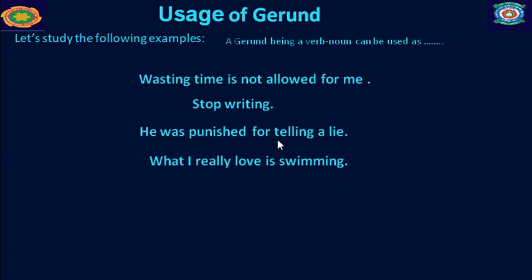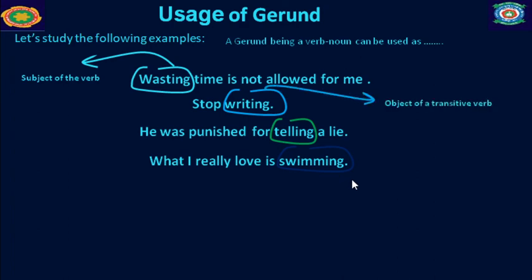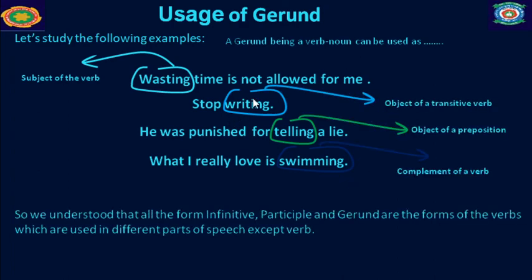"You are punished for telling a lie." I have already said that if you see any verb after a preposition, you have to use ing directly. That's called a gerund. "What I really love is swimming." Here, swimming is the object and acts as a noun and verb. It's very easy. Writing is a transitive verb, which receives an object.